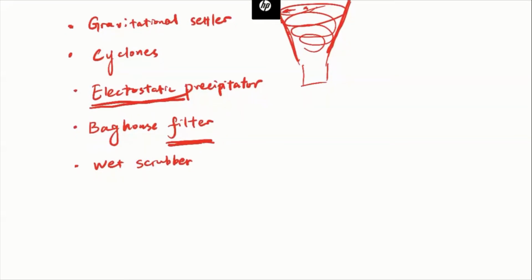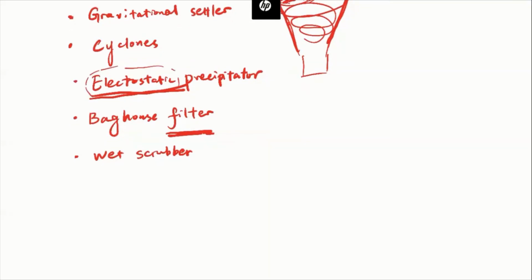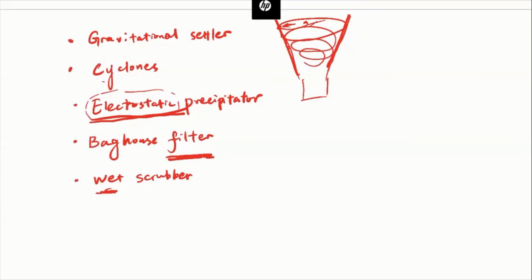The filter will collect the particles by a physical mechanism where if the particle is too large, it's going to get blocked, but also by the electrostatic force that we introduced here. The wet scrubber is similar to a cyclone, except that we will inject water inside. If we spray water, then it's going to collect the extra particles in the gas stream, so we can achieve PM control.